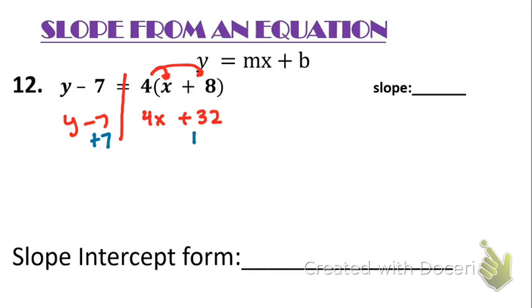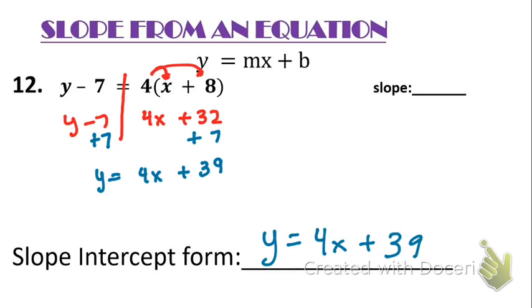So I'm going to add 7 to both sides. So y equals 4x plus 39. As you can tell, that is slope-intercept form. It fits the format of y equals mx plus b. So our slope for this problem is 4.